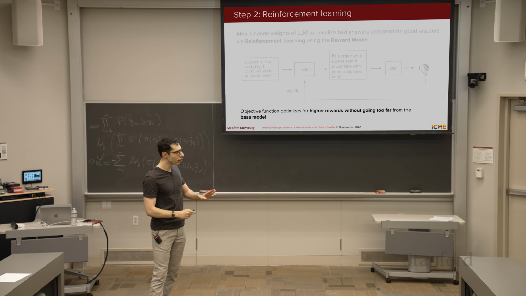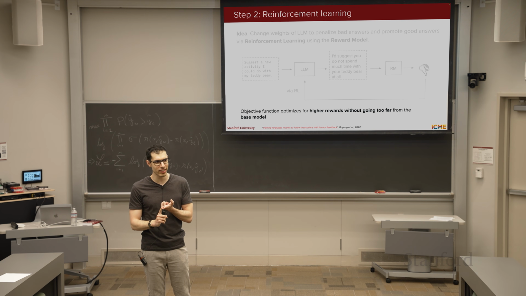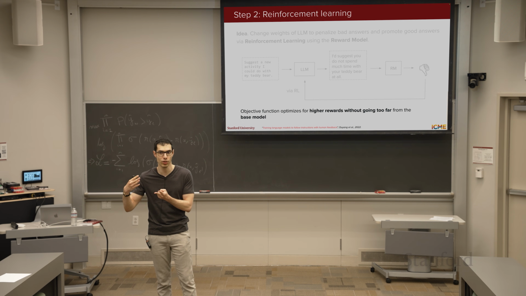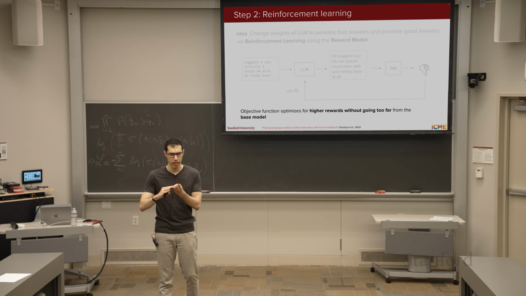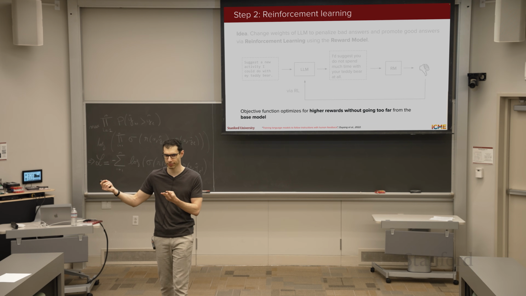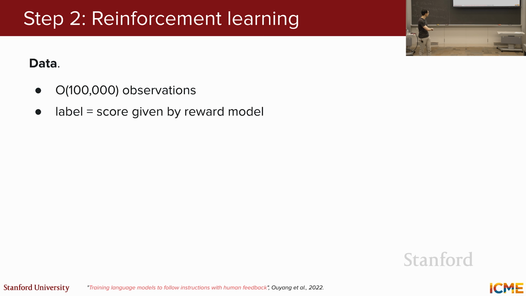Another reason, by the way: one reason is that your base model is already great. It knows a lot of things. Second, the reward model is imperfect, so you have this reward hacking phenomenon. The third reason is that you can have some training instabilities. Anyway, we have a bunch of reasons why we don't want to deviate too much.